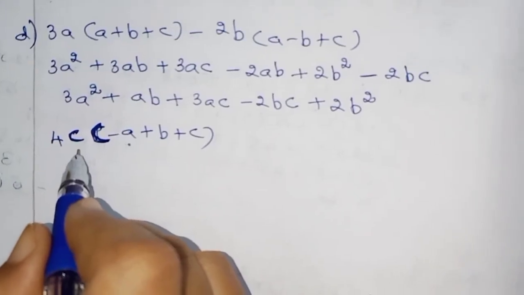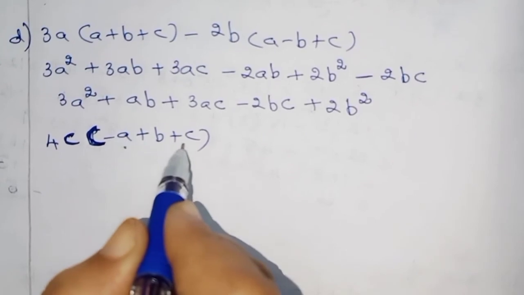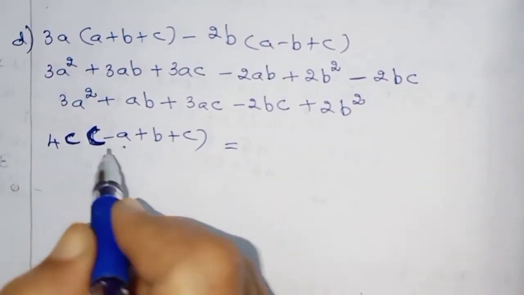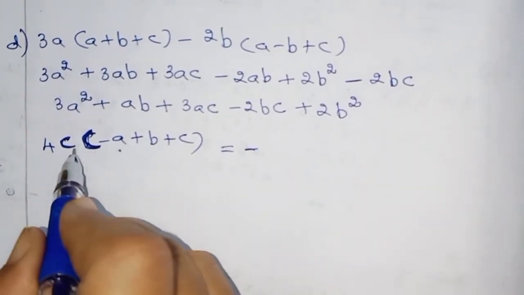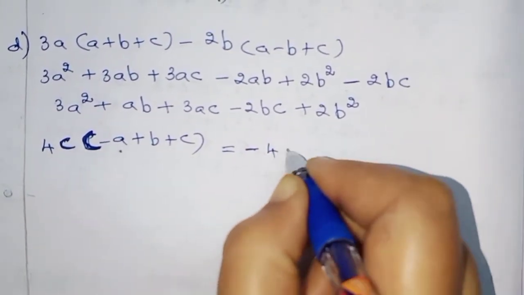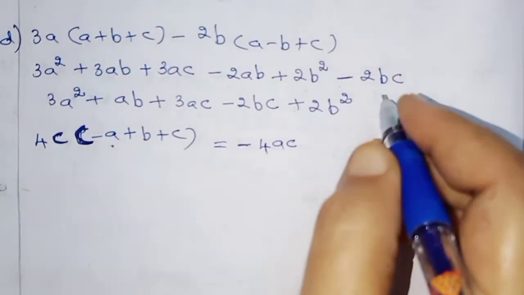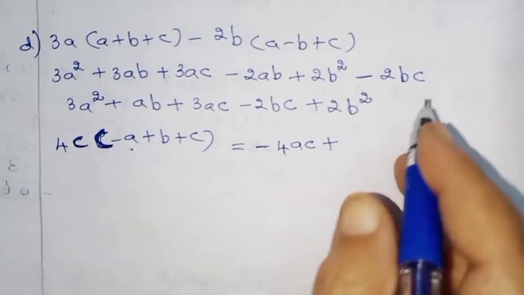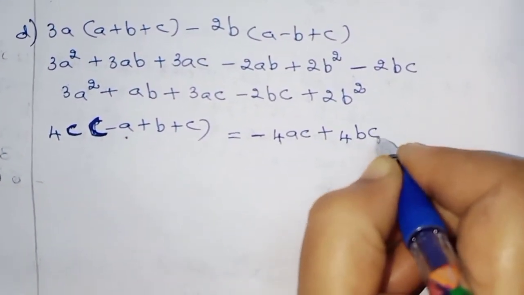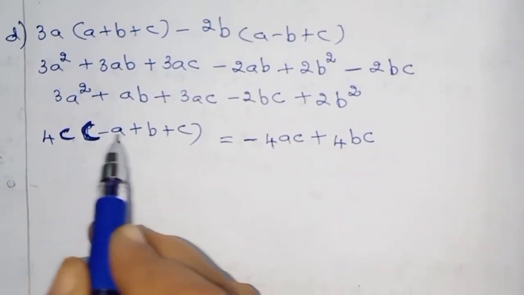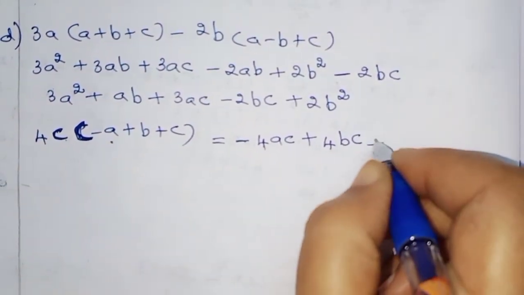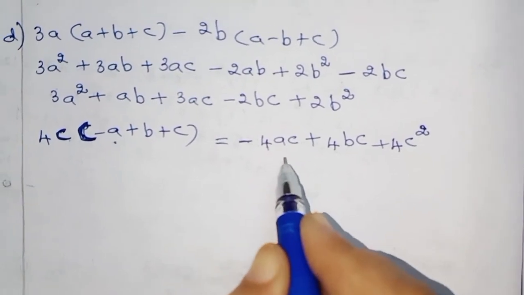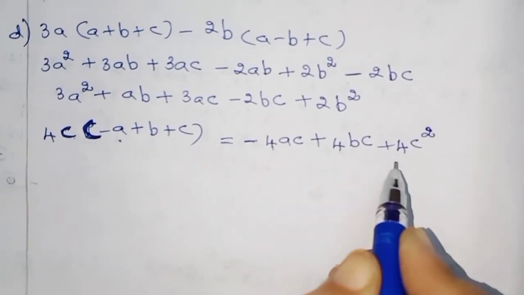This is the second algebraic expression, 4c into (minus a plus b plus c). We simplify this now. Plus into minus is minus, 4c into a is 4ac, plus 4c into b is 4bc, 4c into c is 4c square. So this is the second algebraic expression.